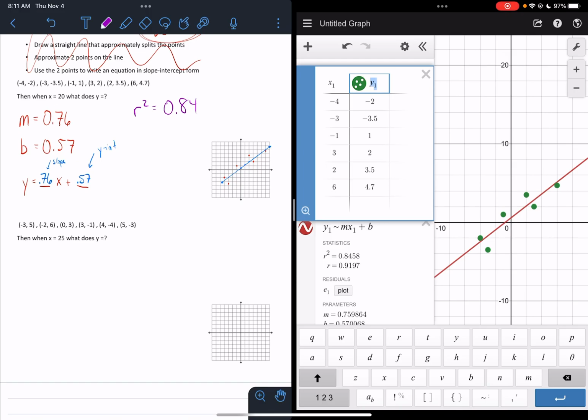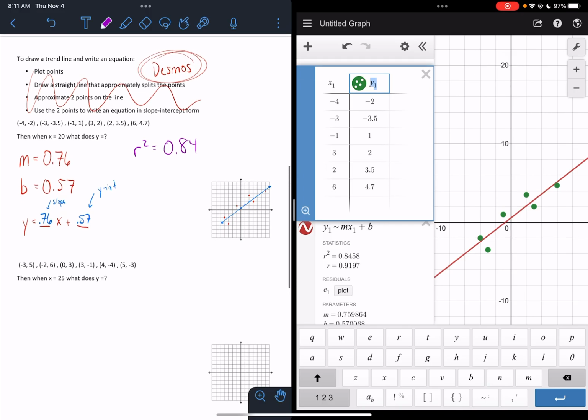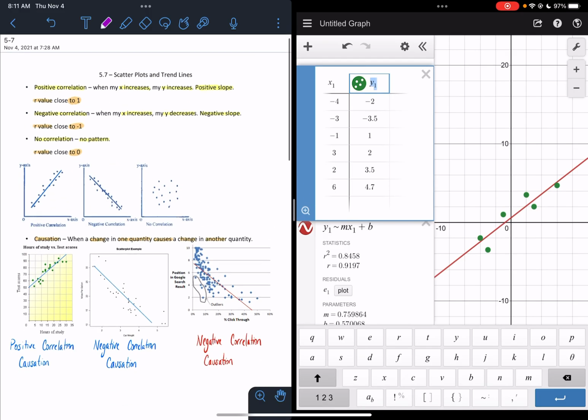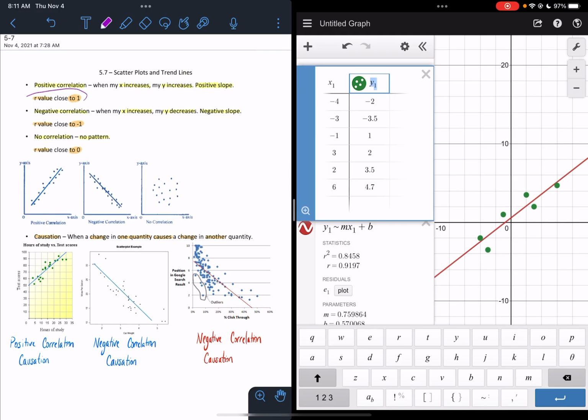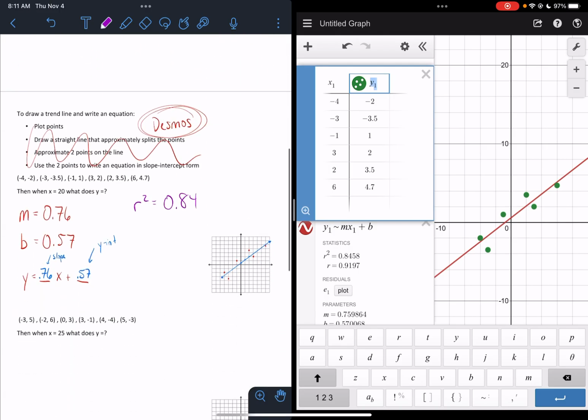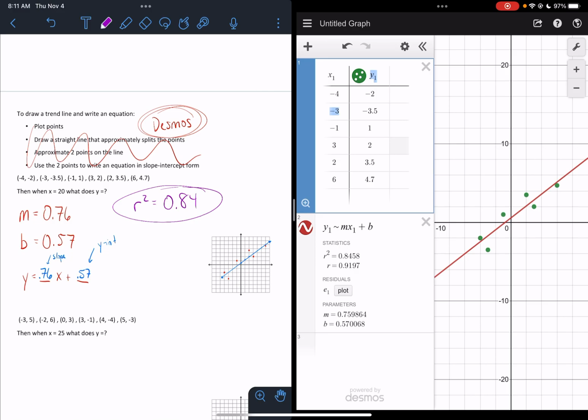And again, if we look at the top of our notes, our R value, which is what that is, if it's positive correlation, it is close to 1. And so when I look at this, 0.8 is close to 1, so that gives us a strong positive correlation. The closer to 1, the stronger or the tighter the points are to that line of best fit. If it is weaker, it is farther away from 1. So that's a pretty strong positive correlation. Okay.